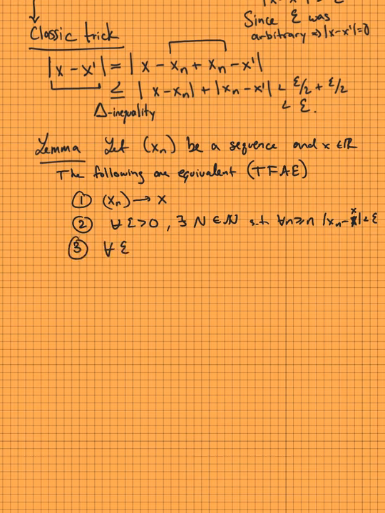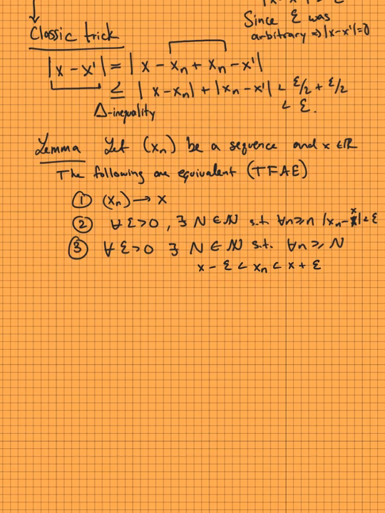And then the third: for any epsilon greater than 0, there's some capital N in the naturals so that for all n bigger than or equal to N, x minus epsilon is less than xn, which is less than x plus epsilon. Okay?